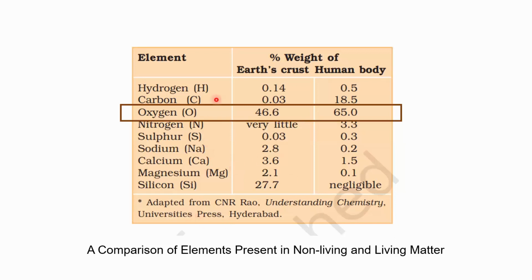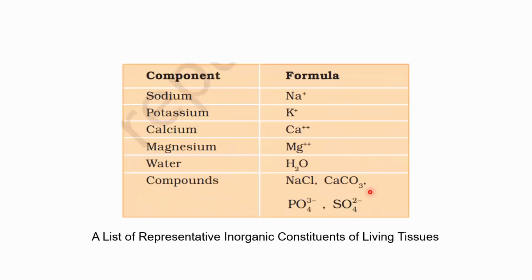There are other elements like hydrogen, carbon, nitrogen, sulfur, sodium, calcium, magnesium, and silicon present in the earth's crust, and except silicon, all the other elements are present inside the human body. Silicon is not present in the human body, or is present in negligible amounts. Similarly, besides these elements, there are various ions present.